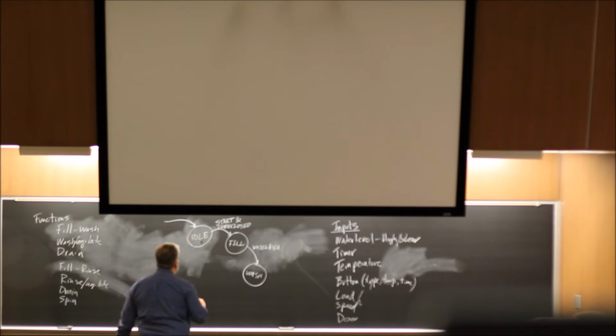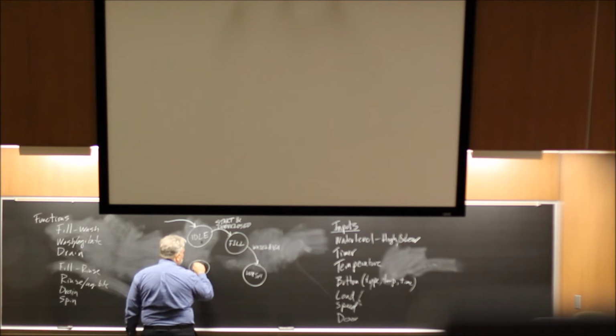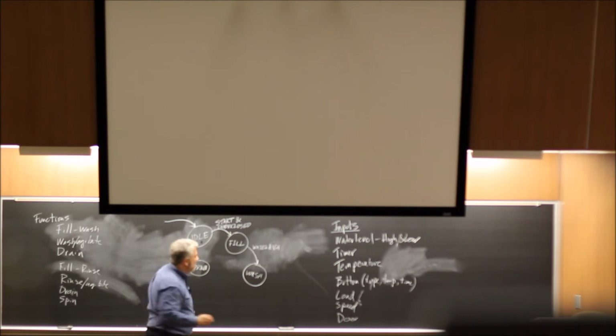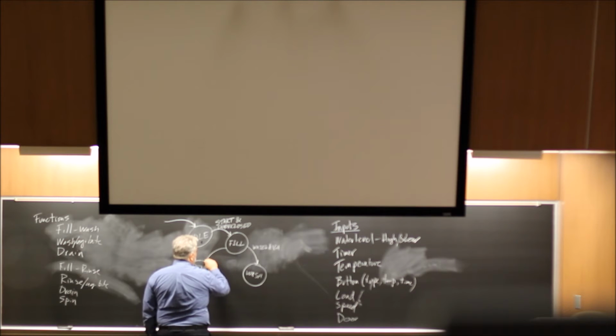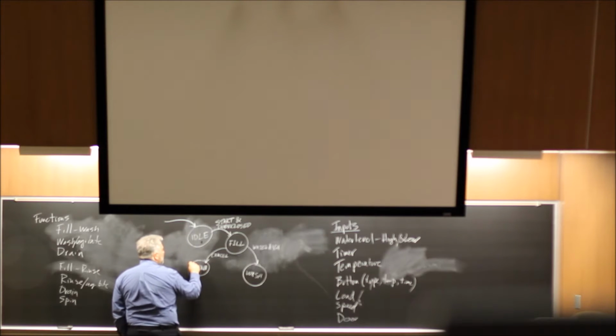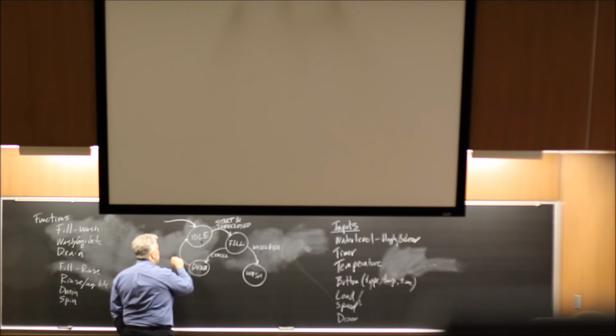And I'm going to say there's a state here called drain, and you'll go from this state to this state if you press a button that says cancel. From drain to idle based on water load.